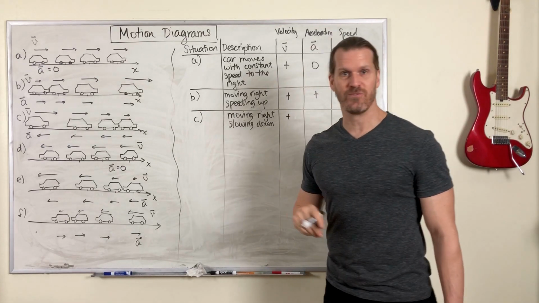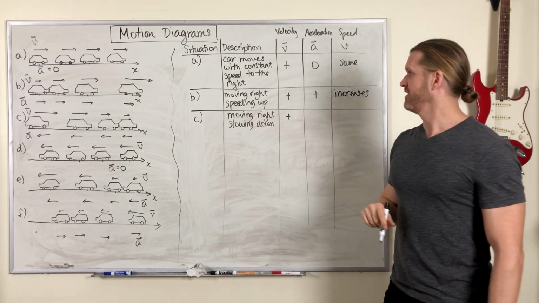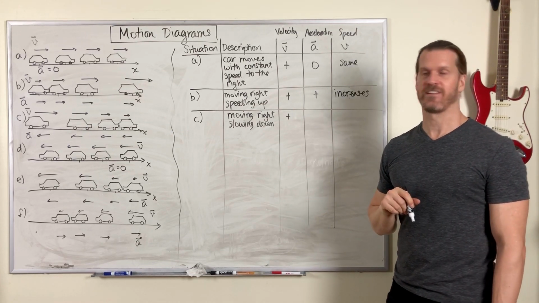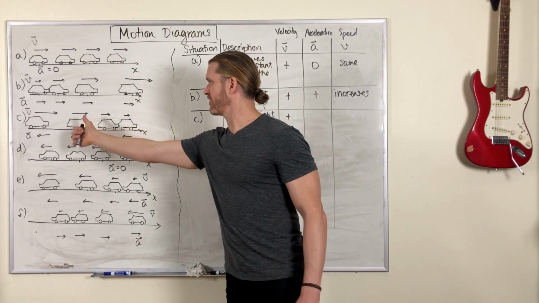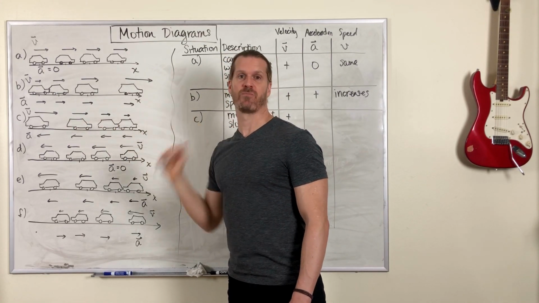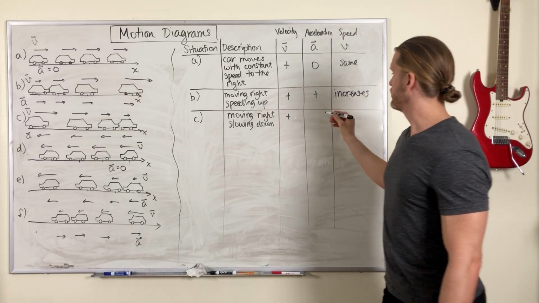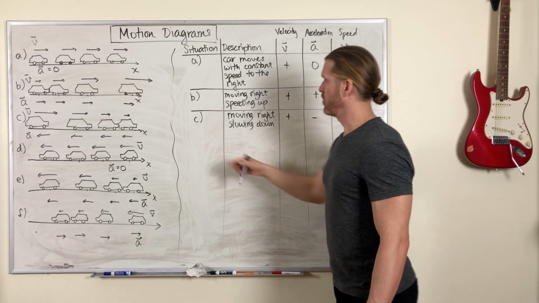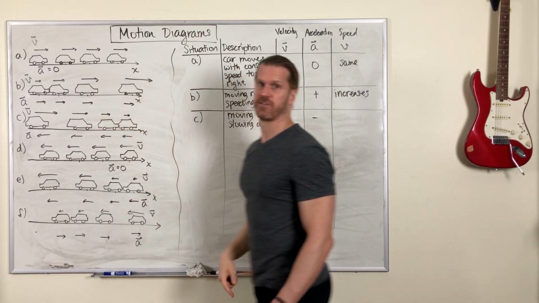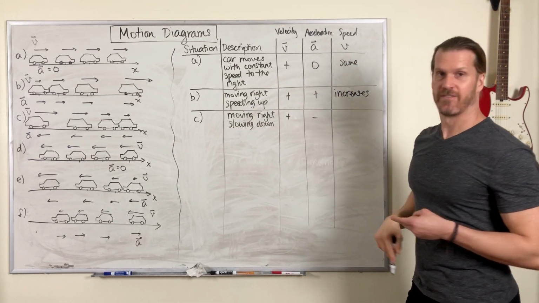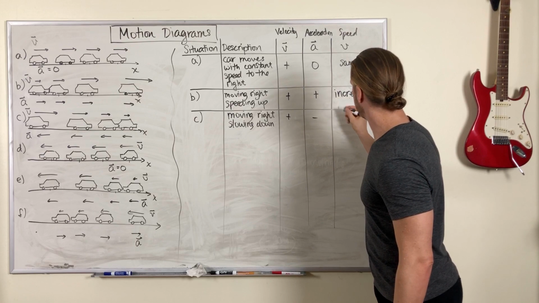The car is still moving to the right. So a lot of times students will get confused and they'll write negative velocity. No, in situation C, the car is still going forward the whole time, just more slowly as time goes on. The acceleration points in the negative x direction. Those two vectors are opposite one another, which means that the speed decreases.